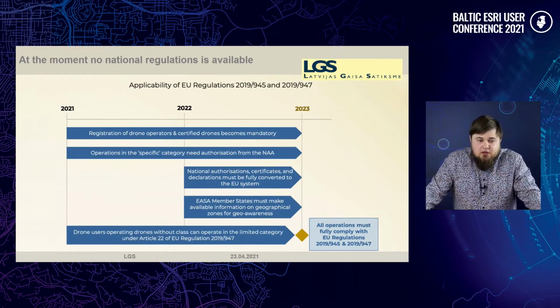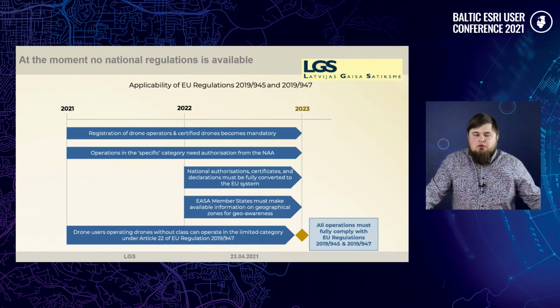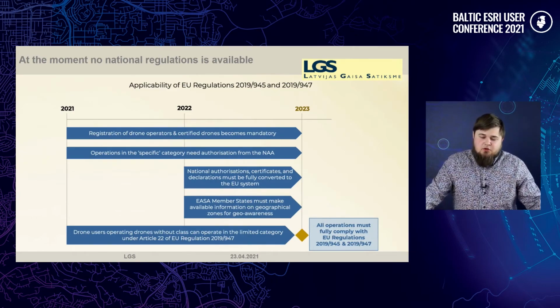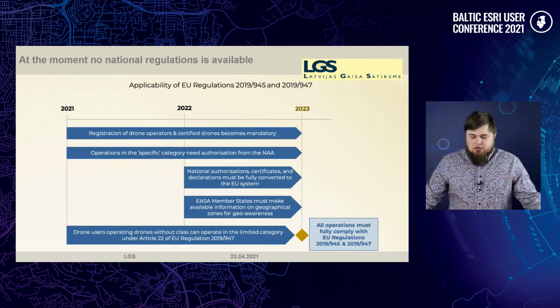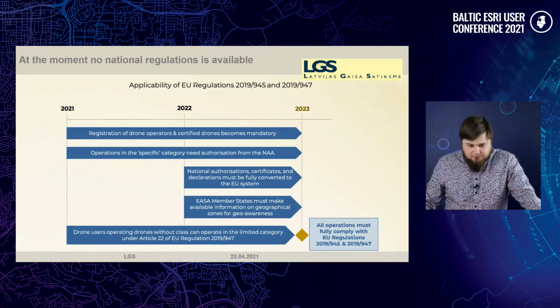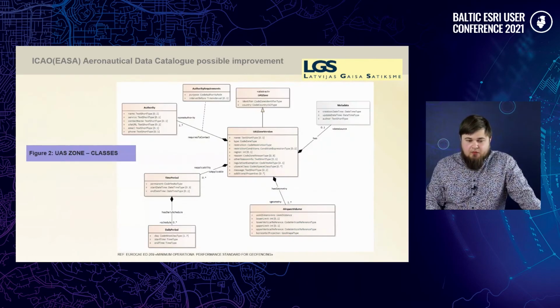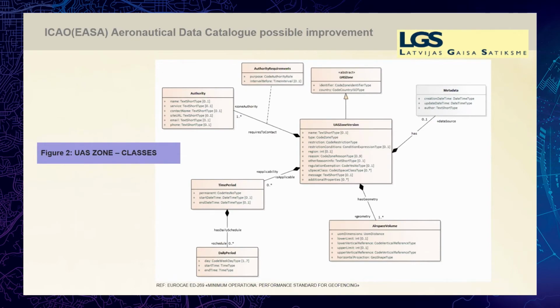But at the moment in Latvia, we do not have new national regulations available. So we are not clear how it will look in the future, but I think quite soon we will find out more about it. And this is a possible schema of how this zone could look like with all the attributes.